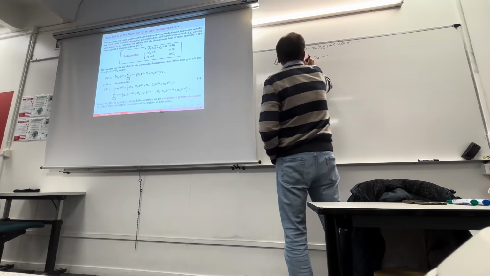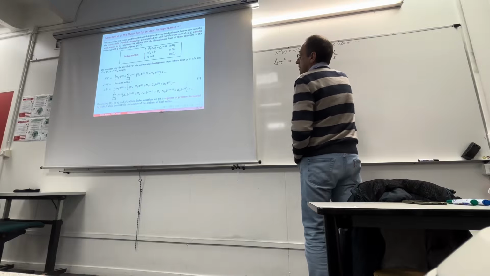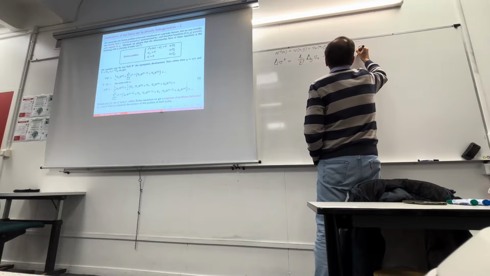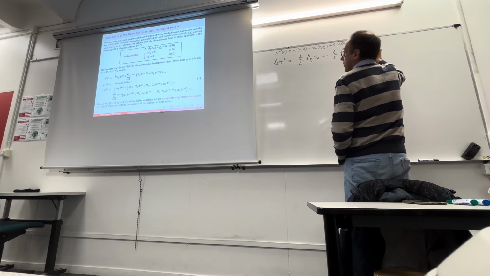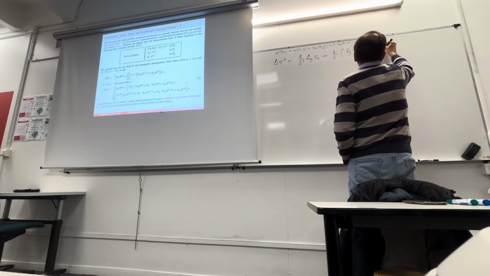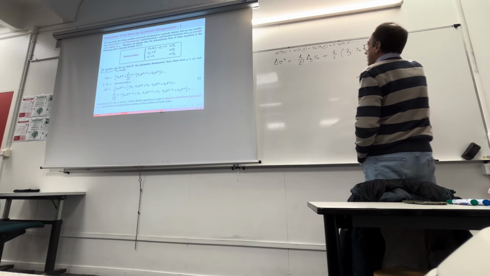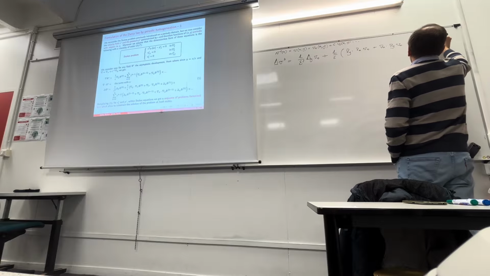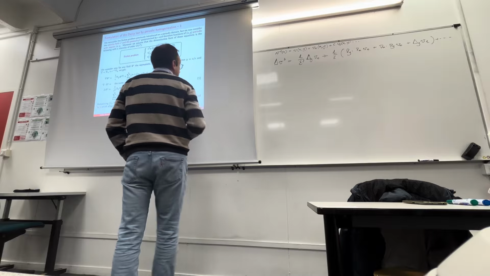plus terms of order epsilon square, plus 1 by epsilon, then the divergence y of the gradient x of V naught, plus the divergence x of the gradient y of V naught, plus the Laplacian y of V1, and then other terms. I don't put the others. Okay.